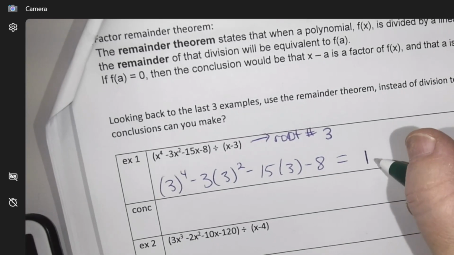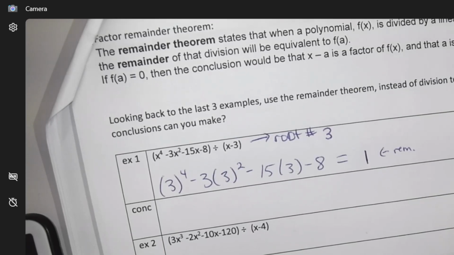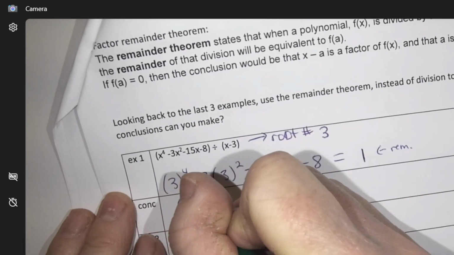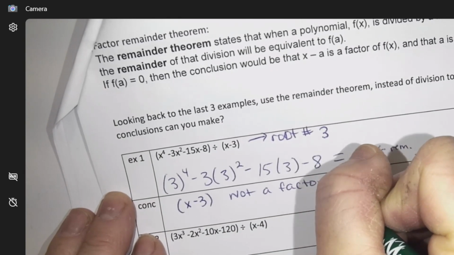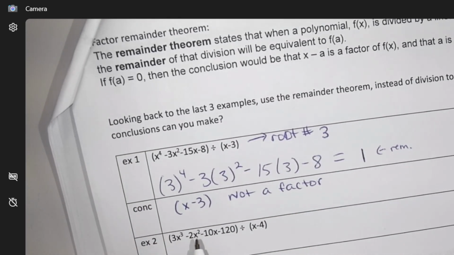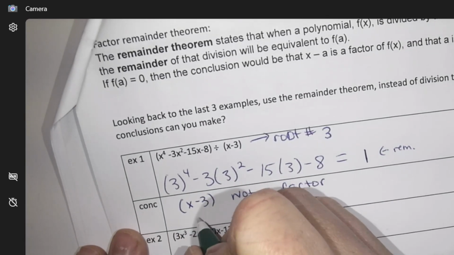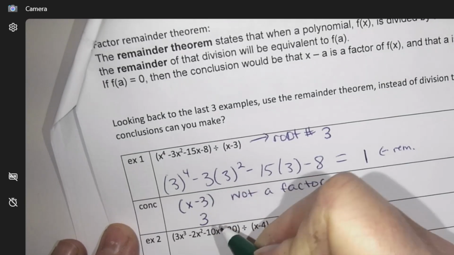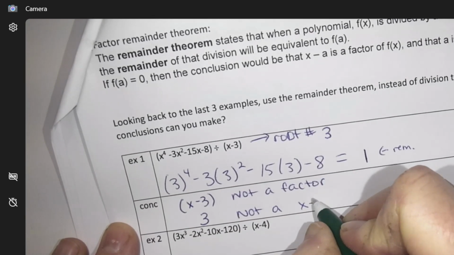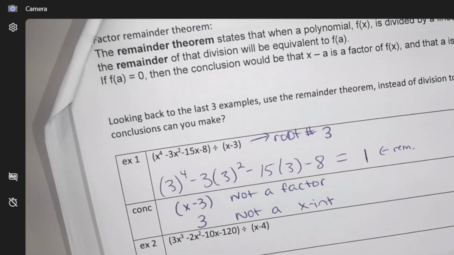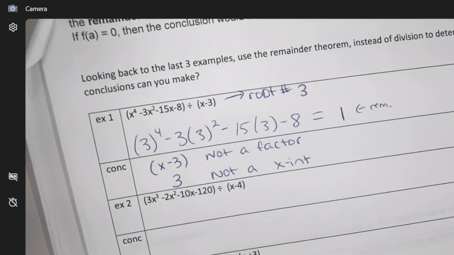So this is a remainder of 1. So what do I know? I know that x minus 3 is not a factor. And I know that positive 3 is not an x-intercept. That's what it tells me, because there was a remainder.